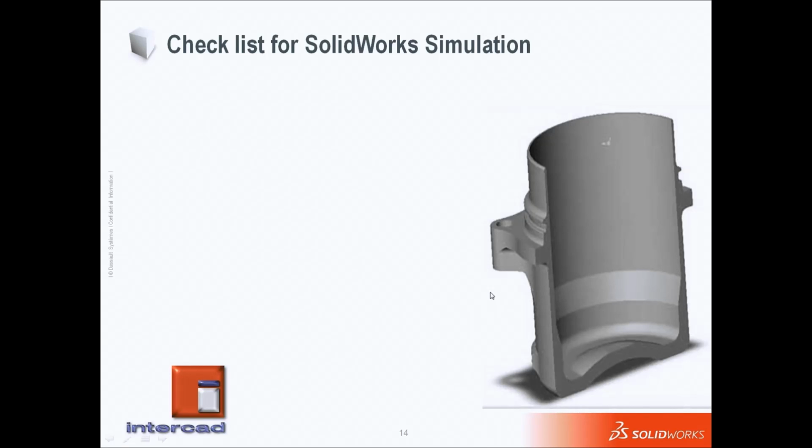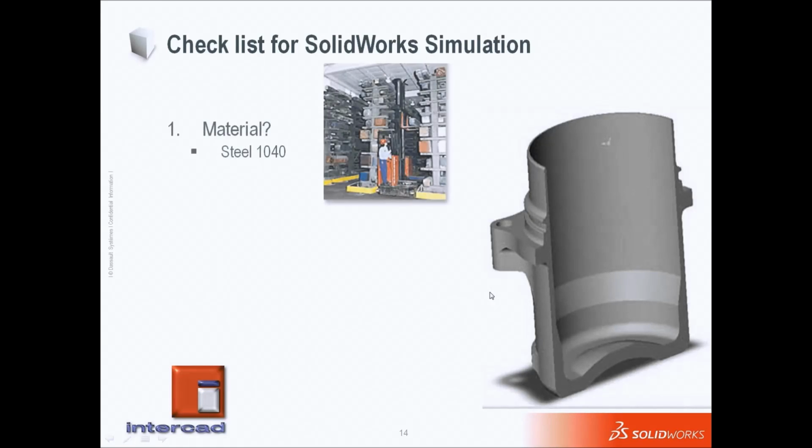First, you have your geometry designed and simplified. Second, we have to assign the material and decide what material is going to be used, with properties like, for example, yield strength, Poisson's ratio, elastic modulus, and etc.